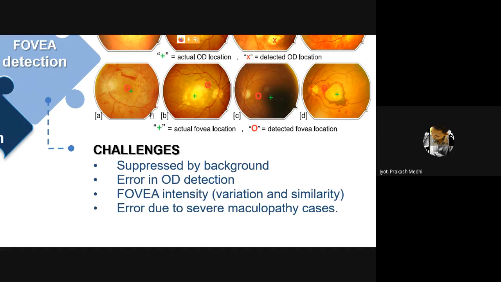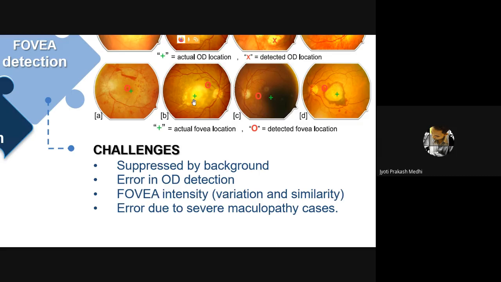Then various other issues: as we can see here, there is a hemorrhage lying near the fovea. The fovea should actually be identified here. This plus shows the actual fovea location, but due to the presence of this hemorrhage, the fovea is getting identified here. Then due to severe maculopathy cases, for example in this case, the fovea is fully covered by exudates, so we cannot see any kind of dark region here.